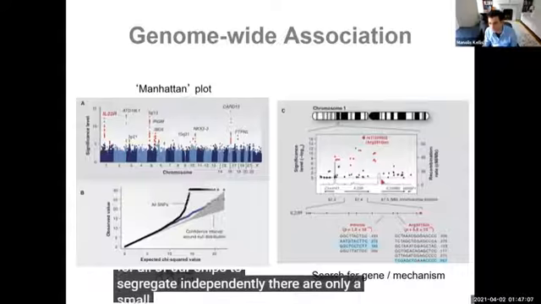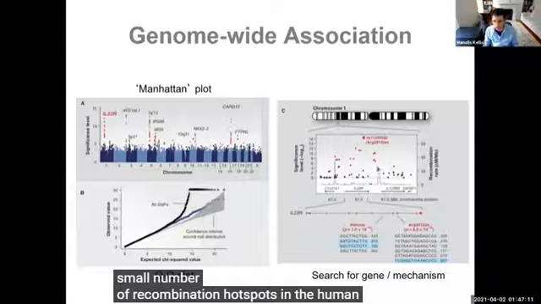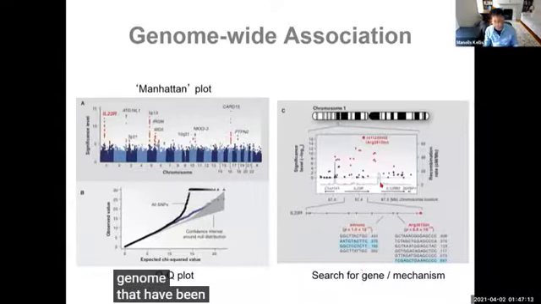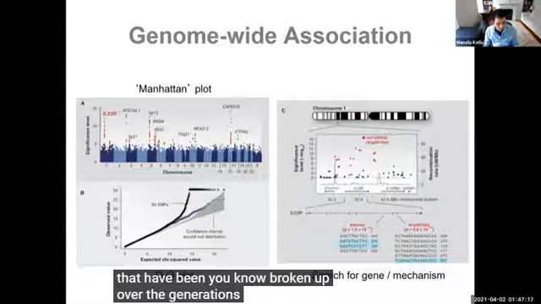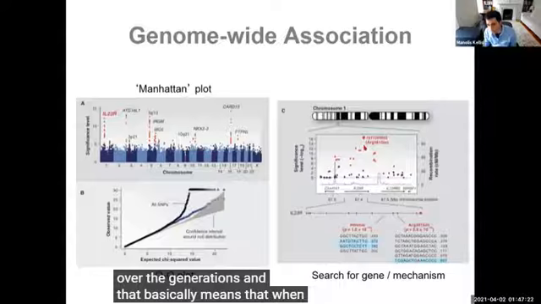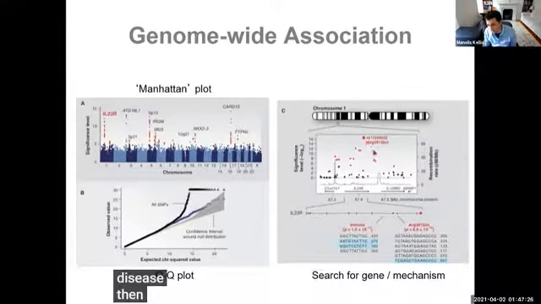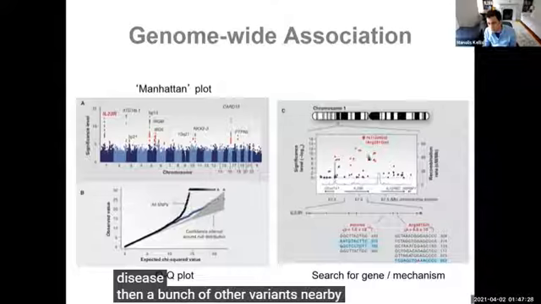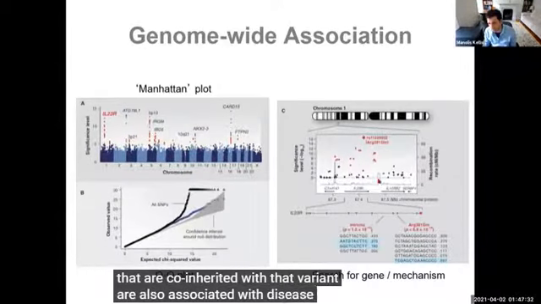There are only a small number of recombination hotspots in the human genome that have been broken up over the generations. And that basically means that when this variant is associated with the disease, then a bunch of other variants nearby that are co-inherited with that variant are also associated with disease.